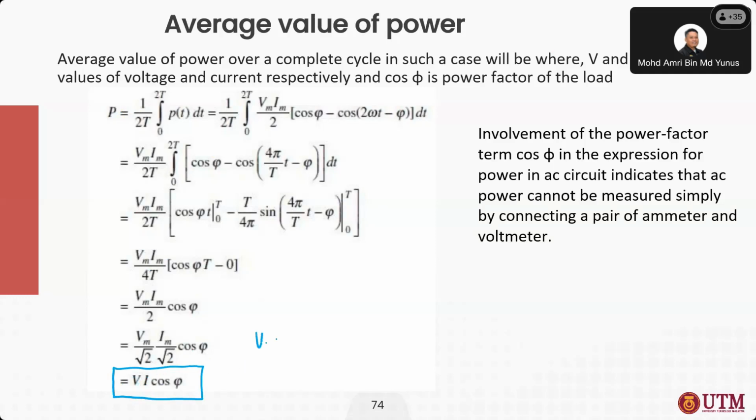V is the RMS voltage, and I is the RMS current, and the cos theta is what is called the power factor. Okay, let's try to find an example.